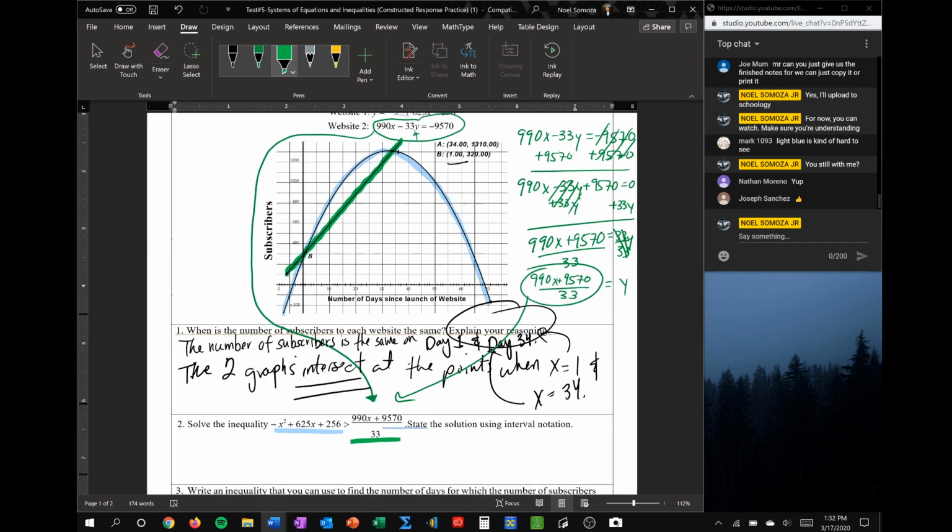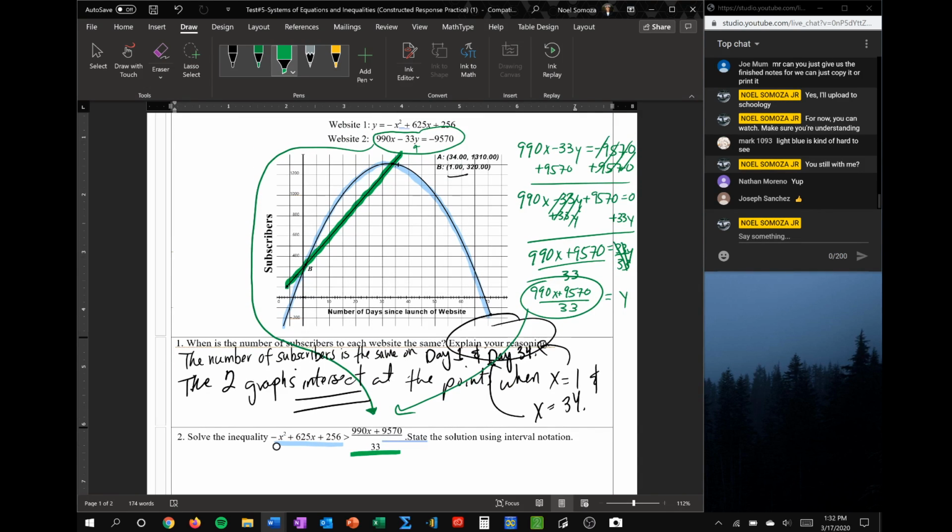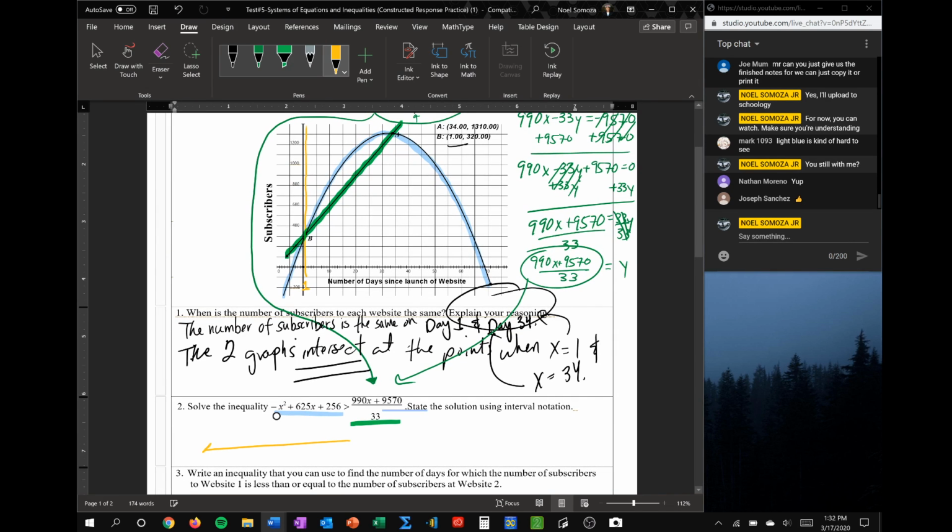All right, now here's what we do. You want to know when blue is greater than green. Where is blue greater than green? First, draw your sections, because you have a point of intersection at 1. Go ahead and put a number line here and put 1.